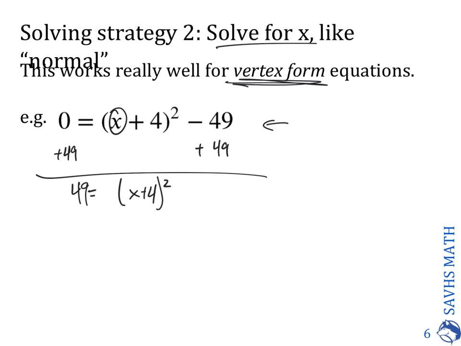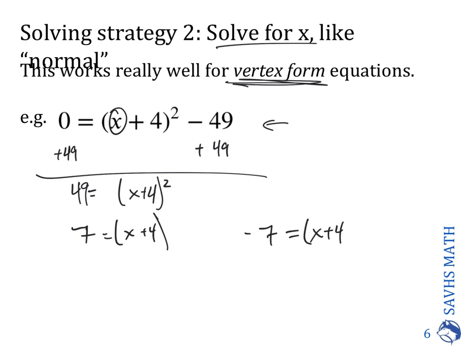Okay, so now you're thinking in your head, what are the 2 things that when you square it, you get 49? What are the 2 things you square to get 49? The answers are either 7 or negative 7. So you can say 7 equals x plus 4, or you can say negative 7 equals x plus 4.